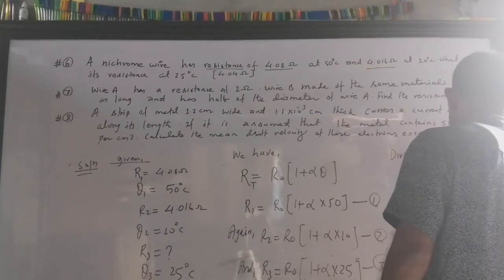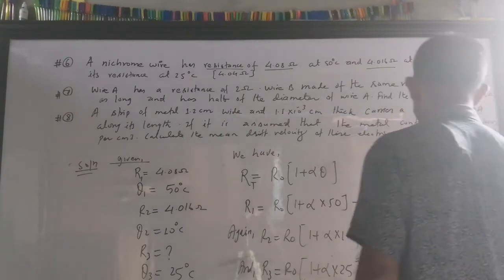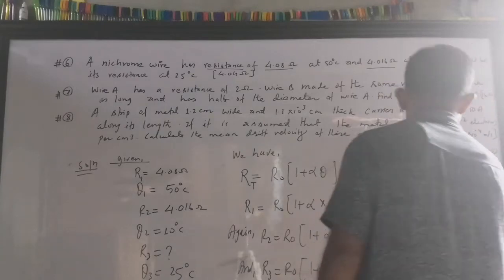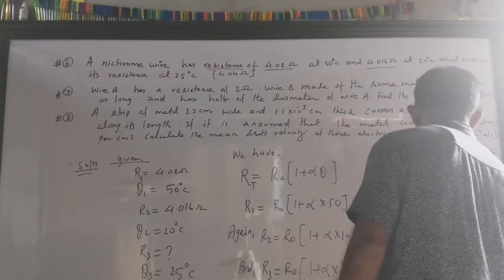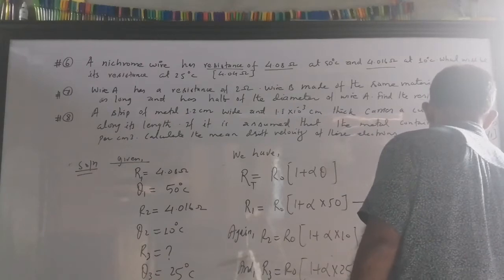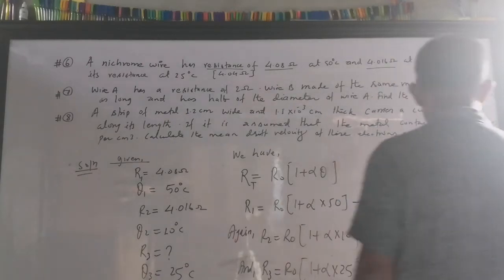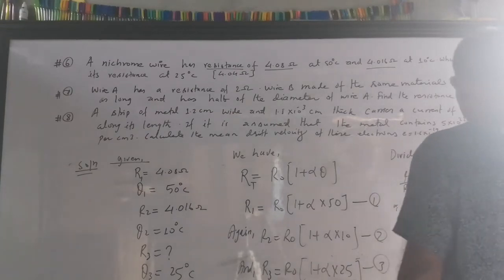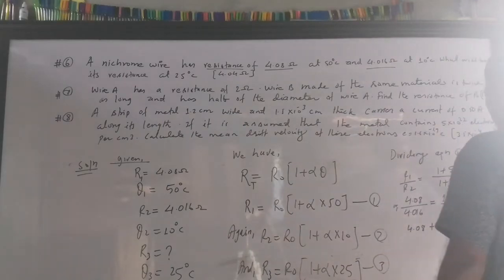So what are we going to find from here? Alpha, of course. We are going to find the value of alpha from this, so cross multiply. 4.08 plus 10 multiplied, that's 40.8 alpha, and on the right side 4.016 multiplied by 50.